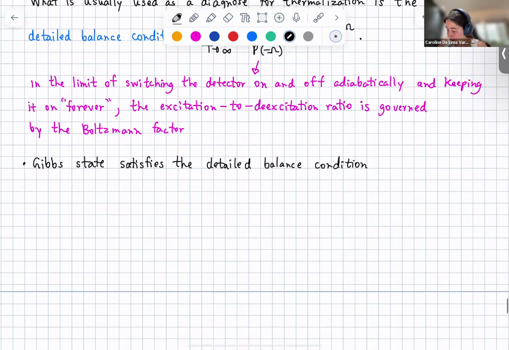But it also has to satisfy something else, which is that the coherence terms, outside the diagonal, have to vanish, right? So I have to have vanishing coherences in the long time limit.